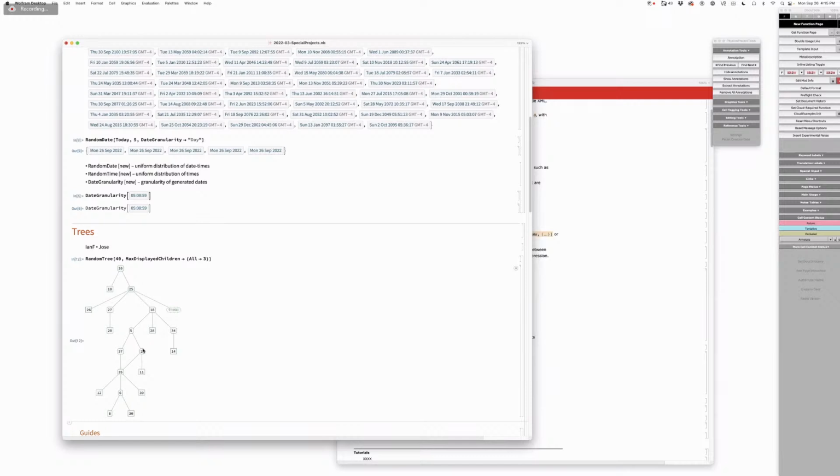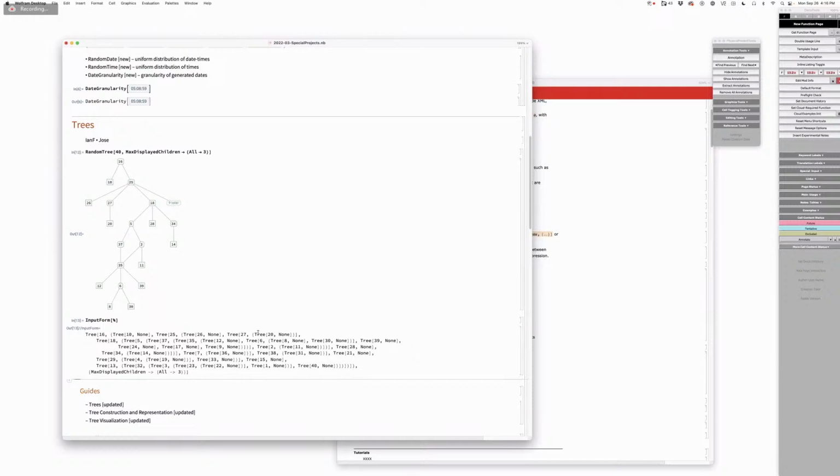I want to see what the hell happened here. How can that happen? That's not a tree. That's a bug. I'm gonna have to track that down. Well, let me send you this tree before anything bad happens to it.